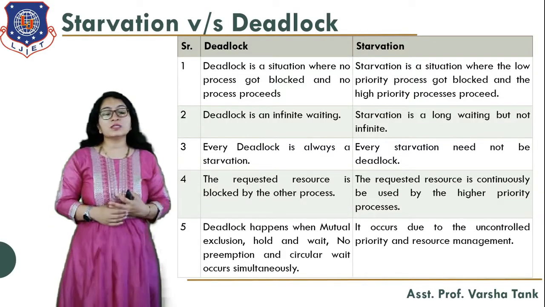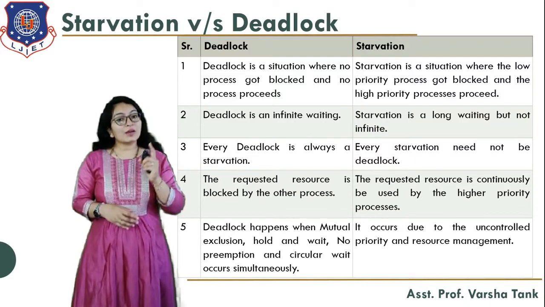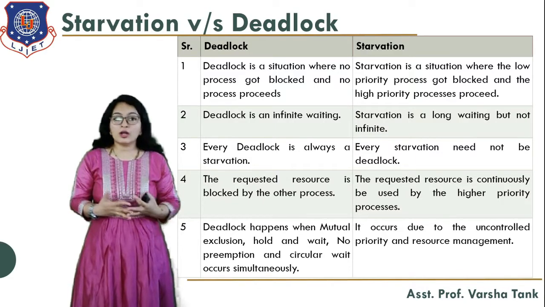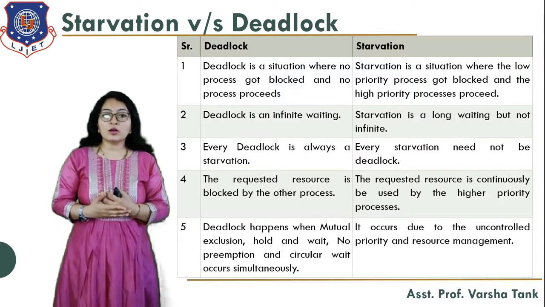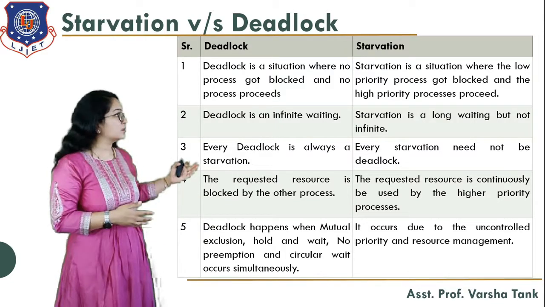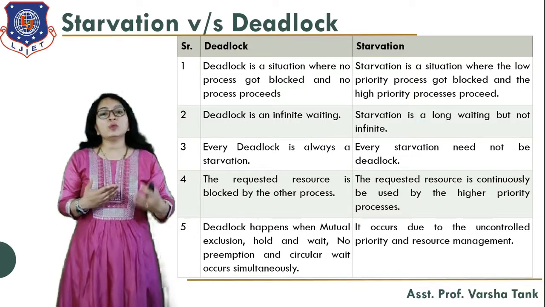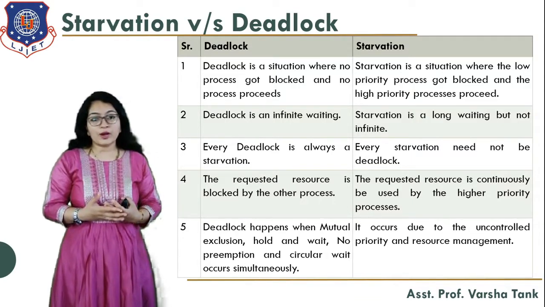Every deadlock is always starvation, but every starvation is not always a deadlock. In deadlock, the requested resource is blocked by another process, whereas in starvation the requested resource is continuously used by the high priority process.